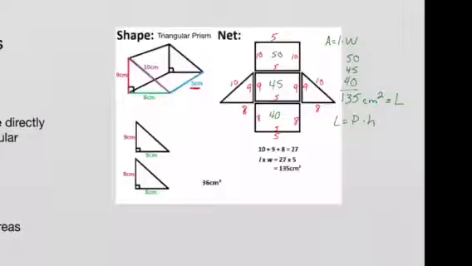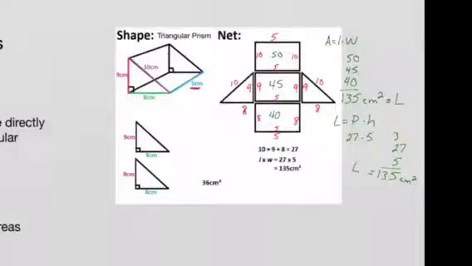So we know the perimeter is 27. And once again, the distance between the two bases is 5. So that is the height. So 27 times 5 is 135 centimeters squared.